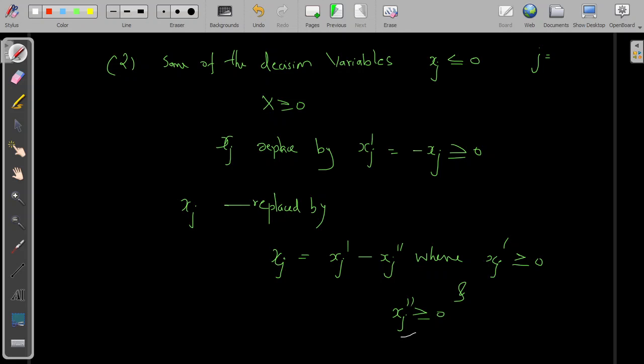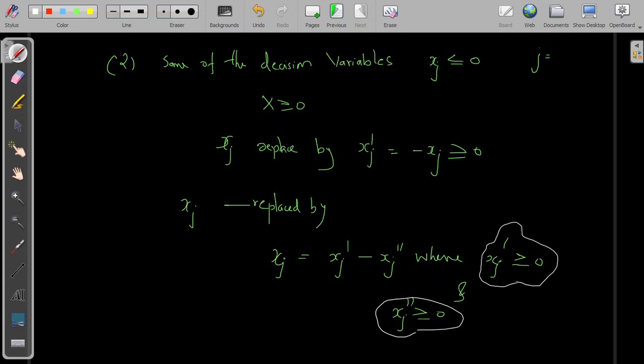So xj dash and xj double dash will come in as decision variables in our constraints, which replace xj.